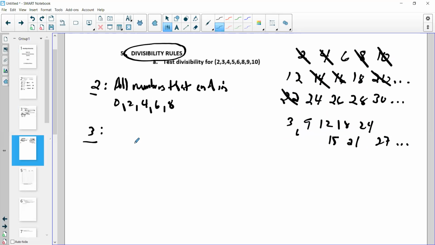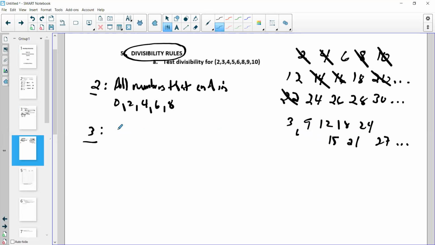So an interesting way to know if 3 will divide a number is to look at the single digit numbers and notice that 3, 6, and 9, those three will divide. But notice the rest of them, 12, 15, 18, 21, 24, 27.